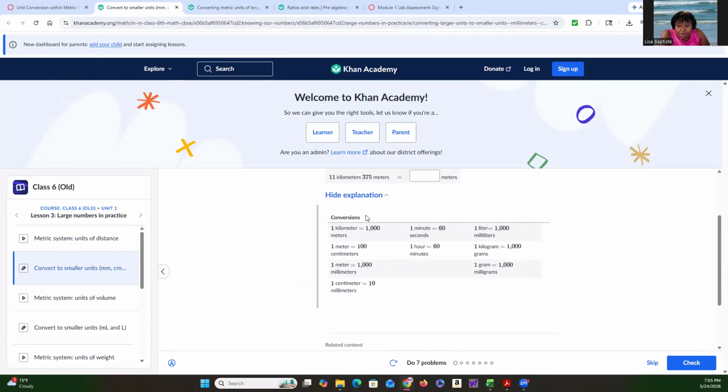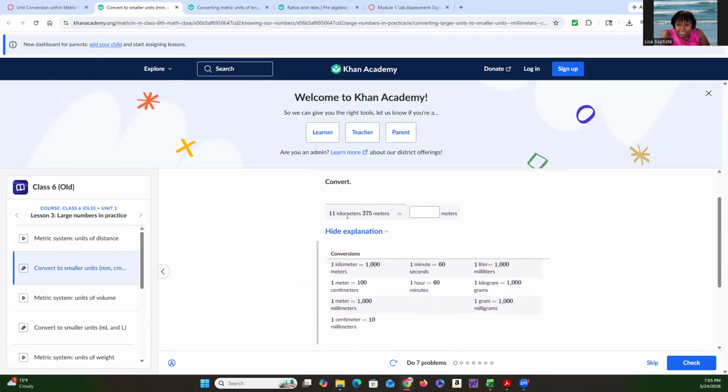Oh, okay. So 11 kilometers, 375 meters, and we want to know how many meters is that? So we need to convert 11 kilometers to meters first, and then add that number to the 375 to give you how many meters you have, all right?